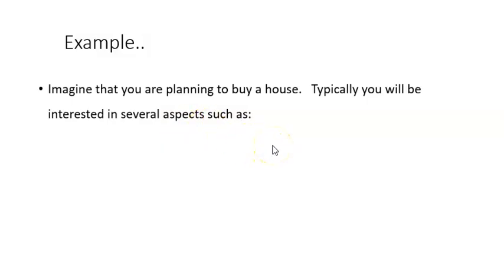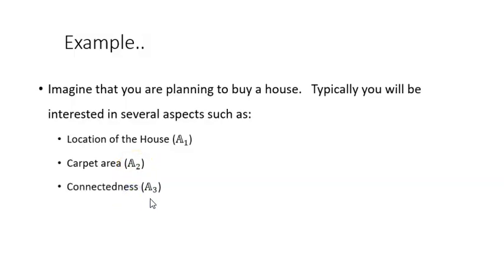Okay. Typically, when you want to do such a thing for a house, you will have several considerations. For example, you may be interested in the location of the house. We call it A1. Or you may be interested in what its carpet area is, A2. Or you may be interested in how well connected it is.